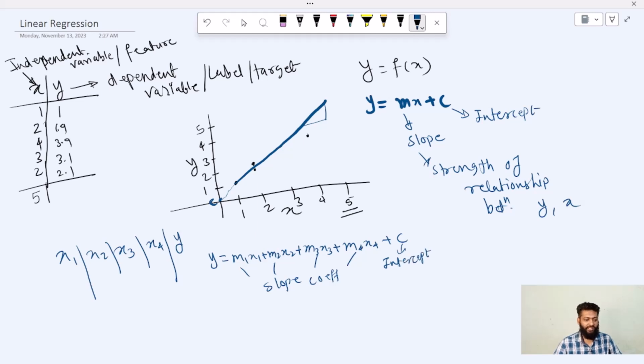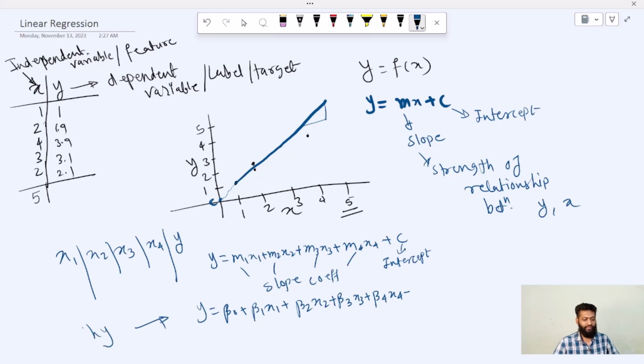Now this equation can be modified as y is equal to beta naught plus beta 1 x1 plus beta 2 x2 plus beta 3 x3 plus beta 4 x4, where beta 1, beta 2, beta 3, beta 4 are called the slope coefficients and beta naught is the intercept.